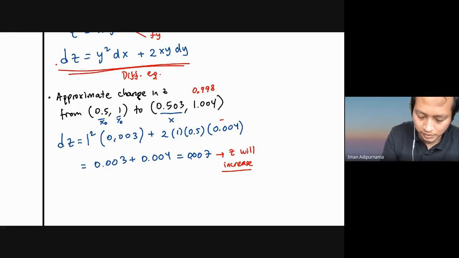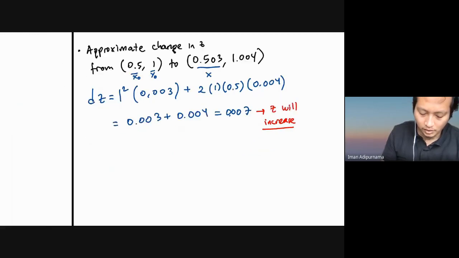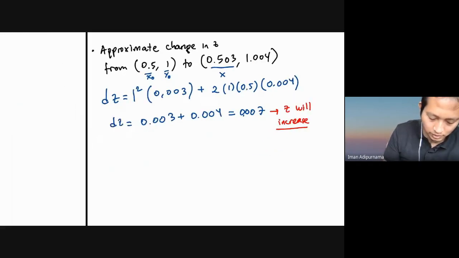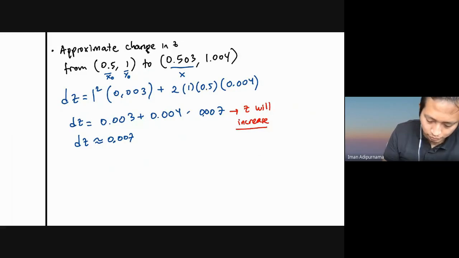So sometimes it can be minus here, right? It doesn't always have to be positive, but it may be a minus. Okay? This is our approximation. So this is not really correct here, so it should be approximate.